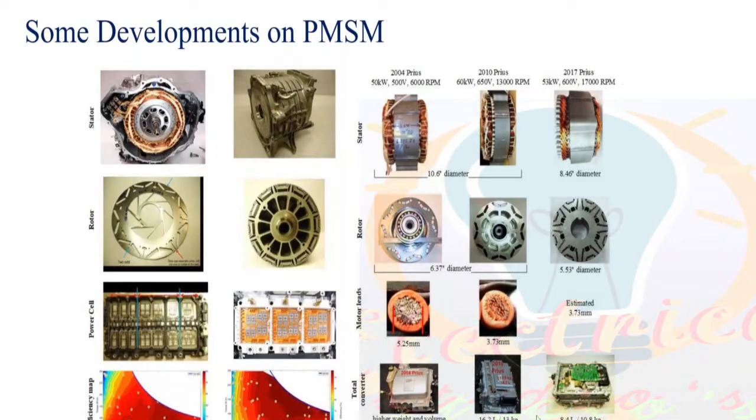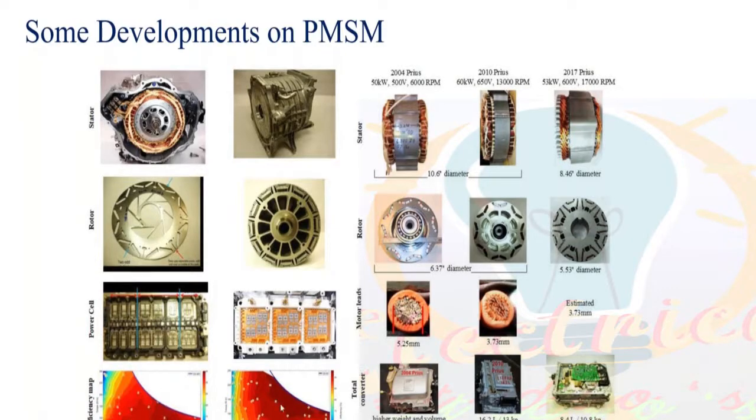In 2017, it was further enhanced, and their inverters and system can handle up to 55 kilowatt per mm square. Year after year, the developments are going on, and they are able to achieve more and more power density.